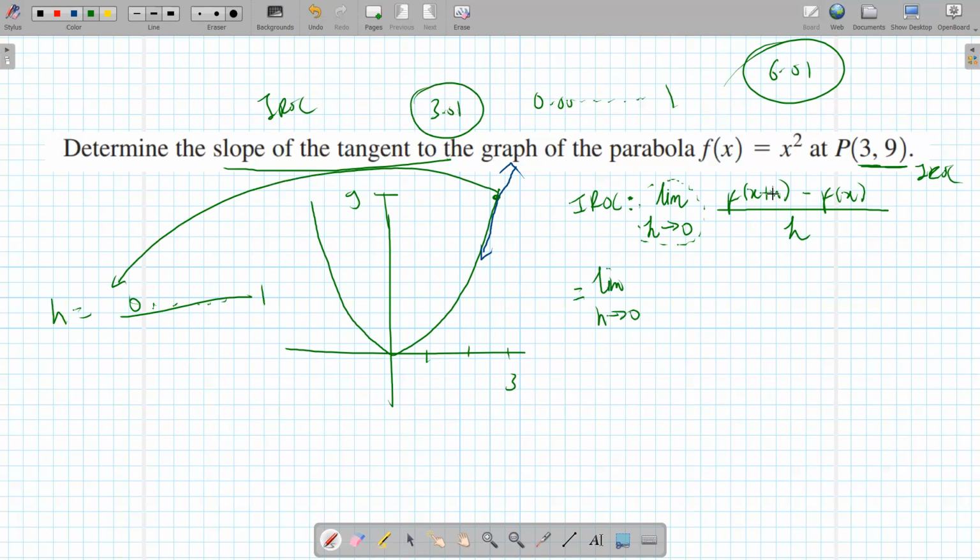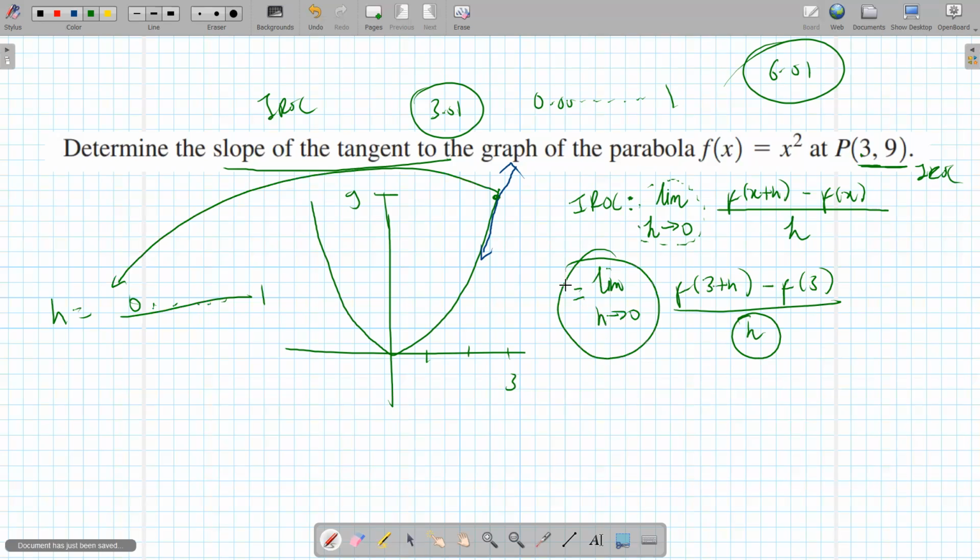Step 1, f of x plus h, right? We know x is 3. So this is going to be f of 3 plus h minus f of 3, all over h. Now that h is almost 0, but it's not quite 0. That's why we're able to divide by it. So the goal is to cancel this h out in the denominator by doing some algebra, and when that h cancels out, this limit thing also cancels out.